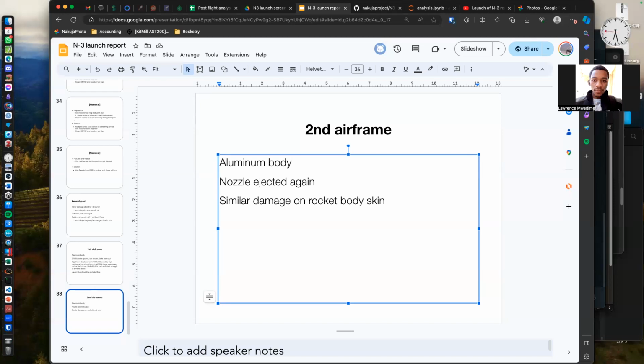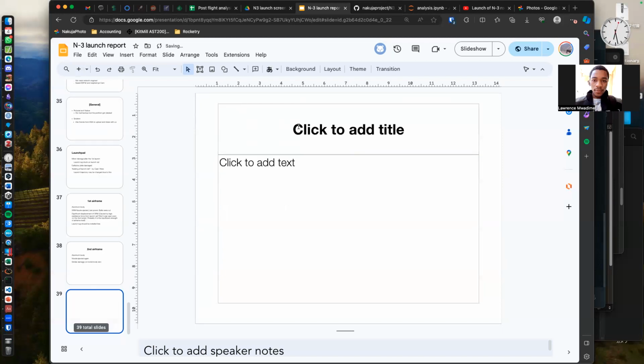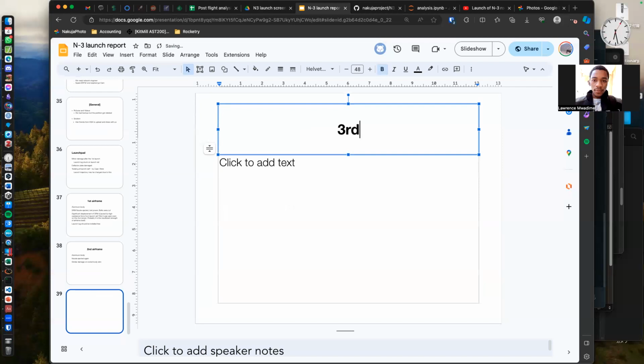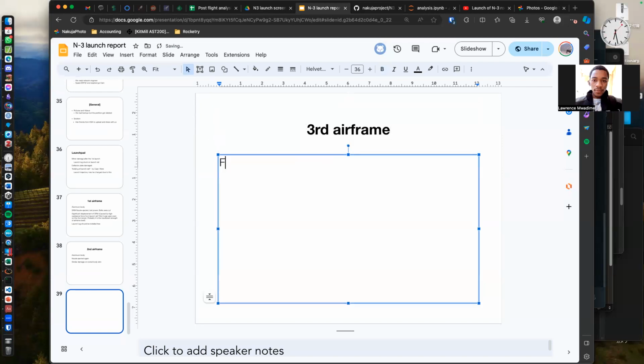For the carbon fiber, the nozzle was in place intact, but the bulkhead was ejected, and that caused an explosion at the joint between the motor section and the avionics bay, and that just burst the entire airframe. We had pieces being thrown off, and I think incompletely burned grains being thrown away.